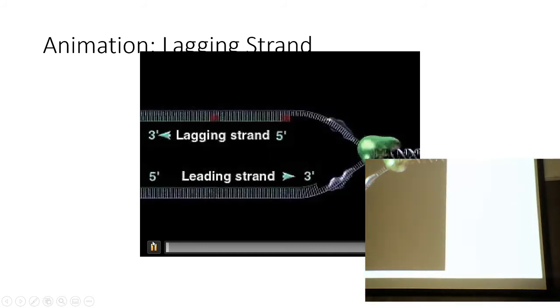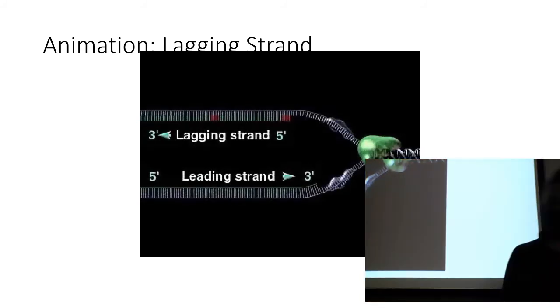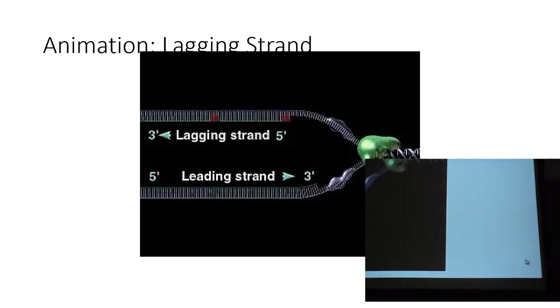The other new strand is called the lagging strand. Unlike the leading strand, the lagging strand cannot be made continuously because DNA polymerase can only add nucleotides at the 3' end. Instead, the lagging strand must be made of fragments that are linked together. Despite their names, the leading and lagging strands are actually made at the same time. For clarity, here we will just show the lagging strand being pieced together.